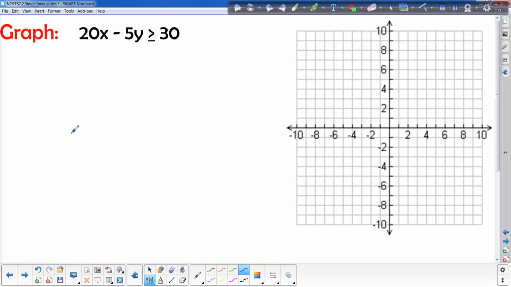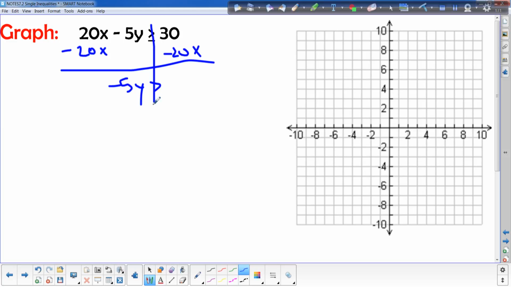I want to graph this one. Again, to graph it, one of the easiest things to do is get into slope-intercept form, or y equals mx plus b form. So I'm going to subtract 20x from both sides. That brings down to negative 5y is greater than or equal to, I cannot combine these whatsoever, because one's an x and one's not.